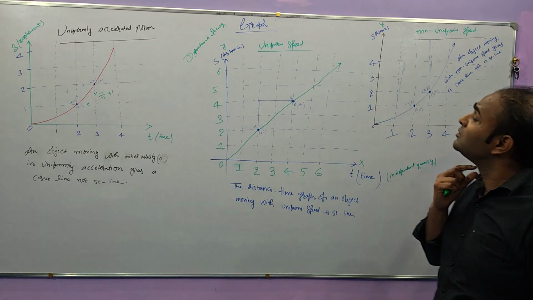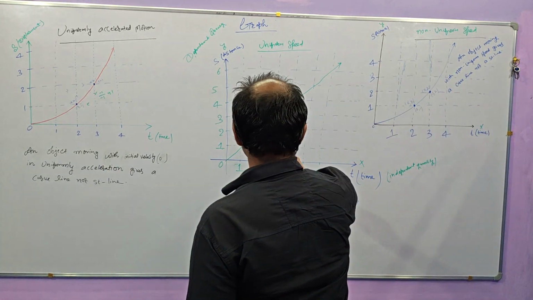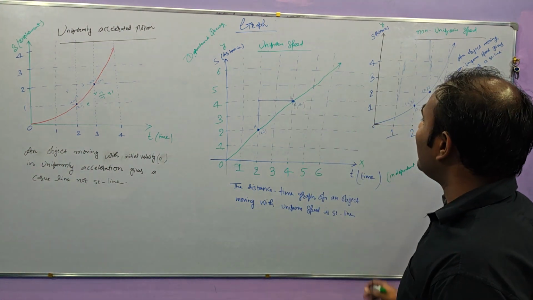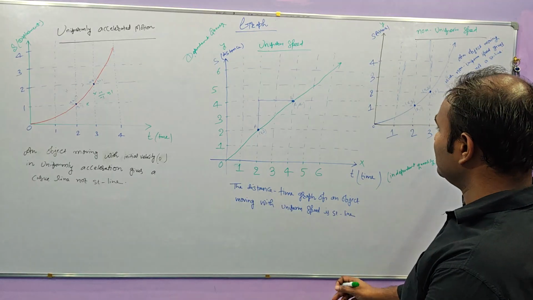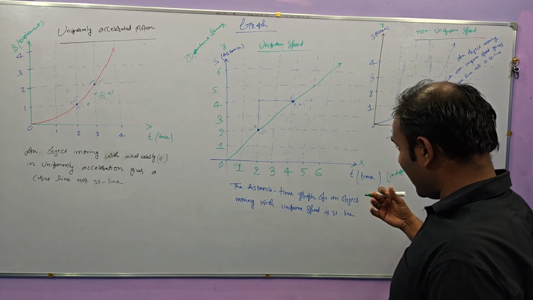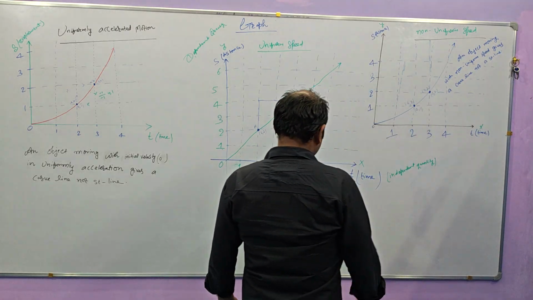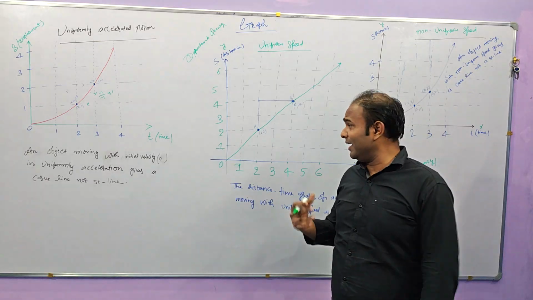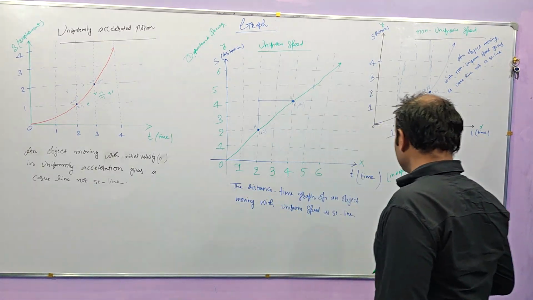So now we have a slope and we want to find out the slope. Which type of slope is it? It can be a positive slope, negative slope, zero slope, or undefined slope.